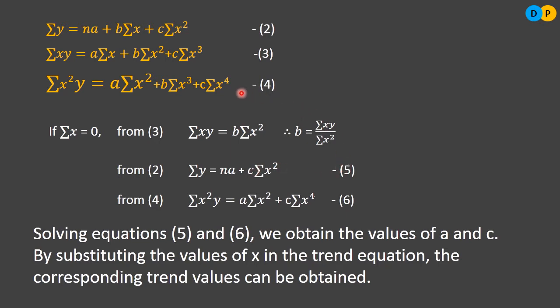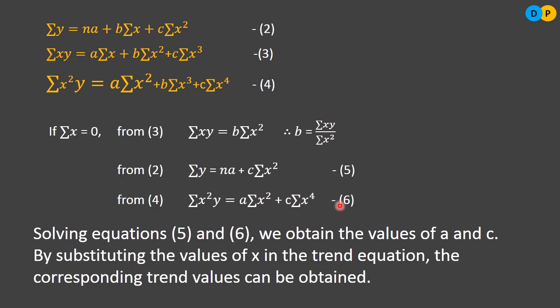Similarly, in the third equation, summation x will become 0, and summation x cube will also become 0, so this term will become 0. So what is the new format? It will look like this: summation x square y is equal to a summation x square plus c into summation x to the power 4. Let us refer to this equation as 6.